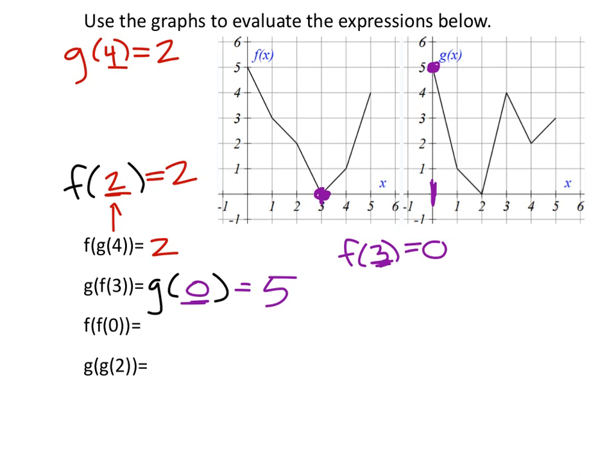All right, you guys take a moment to try this next one. F of 0. Okay, so we kind of looked at some equations, then the tables, now we've got the graphs. What do you guys got?